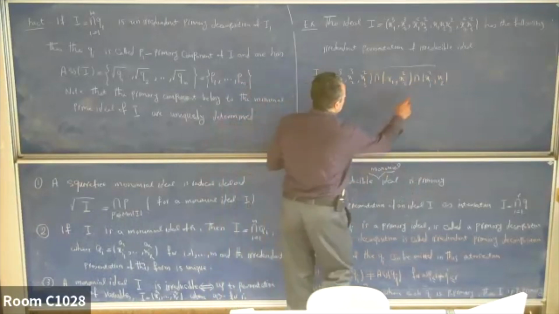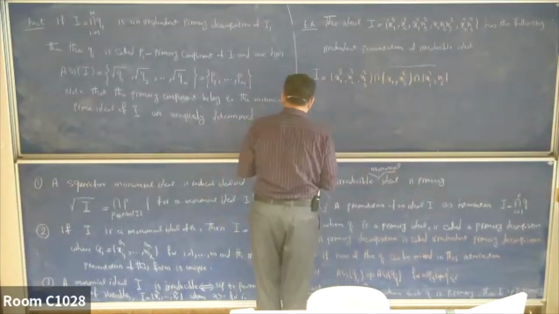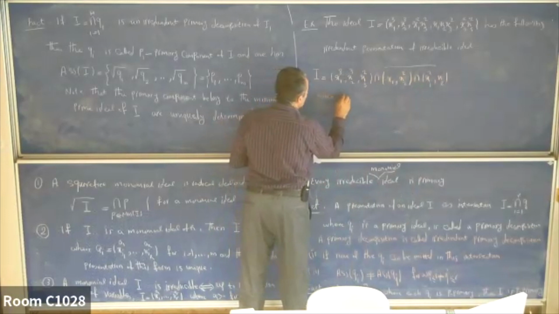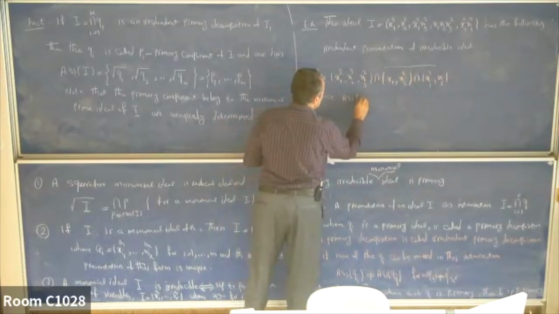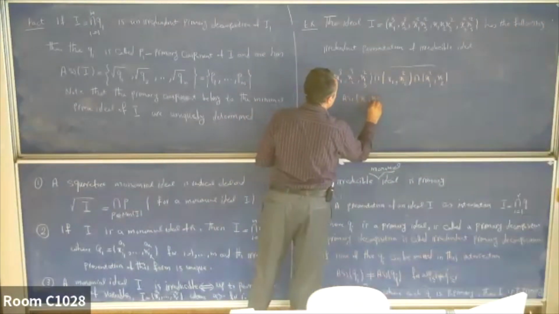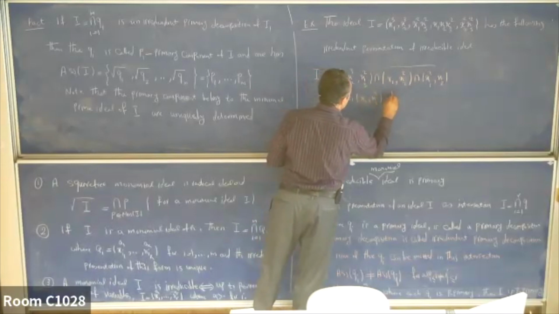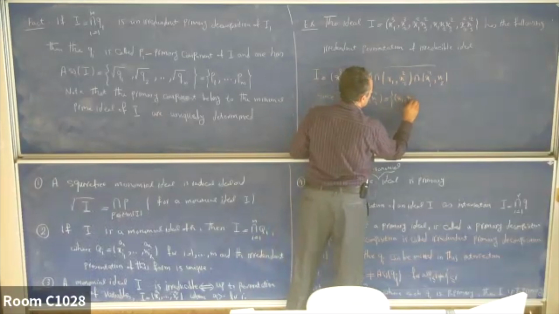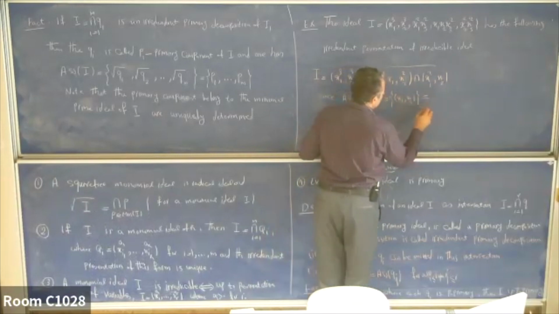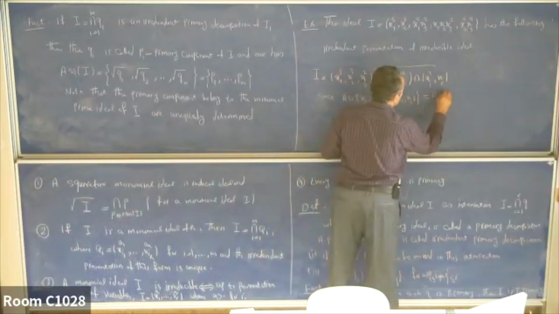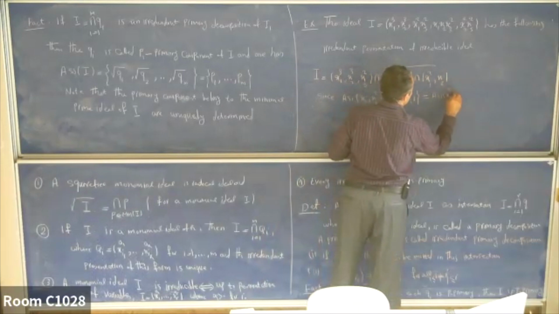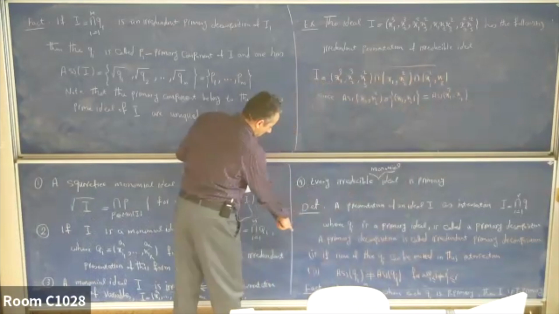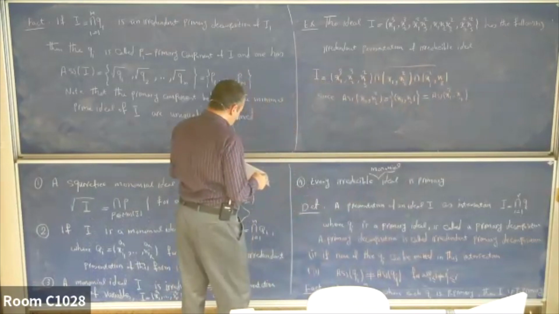For this one, these two ideals, consider the radical of (x1, x2) is equal to (x1, x2). This is equal to the radical of (x1^2, x2). And condition 2 does not hold.